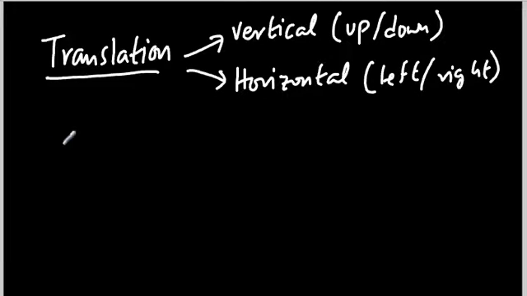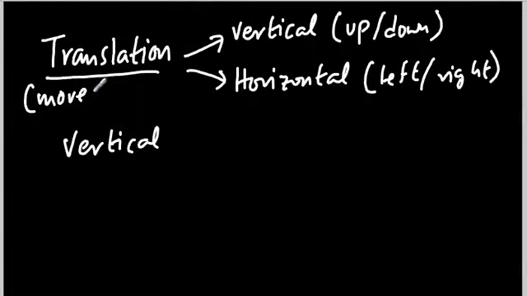All right, so first we're going to start with vertical translations. And once again, remember, translation just simply means a movement. You're not really stretching or reflecting or anything. You're simply moving things. So first let's go over vertical translations.